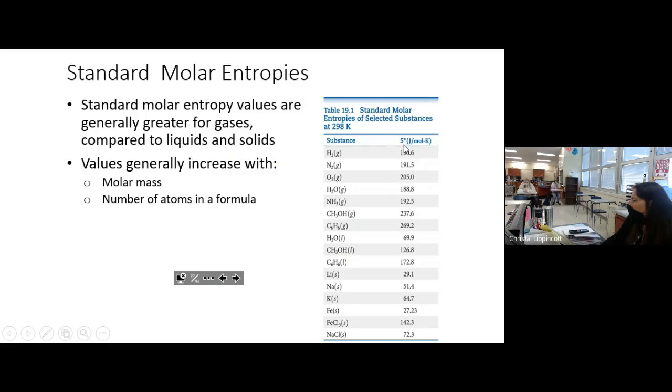These entropies are given in joules per mole Kelvin. Your enthalpies are given in kilojoules per mole Kelvin. So you have to convert one or the other. It doesn't matter which one you convert, but they have to be in the same units. So be very, very careful, my young Padawans, because they will do it to you, I promise.